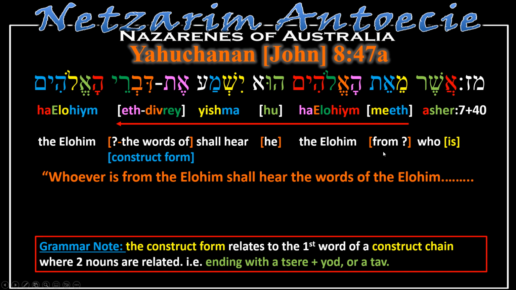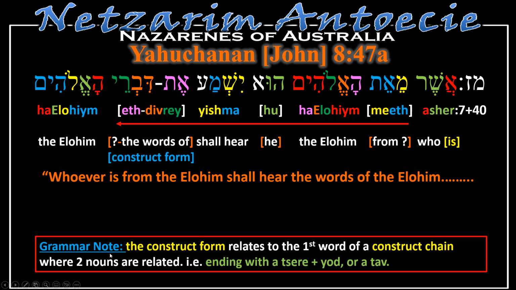me'et, from, grammar marker, ha-Elohim, the Elohim, who, he, yishma, and with the yod it's an imperfect, shall hear, et grammar marker, divrei, meaning the words of. It's a construct form. So what's a construct form?